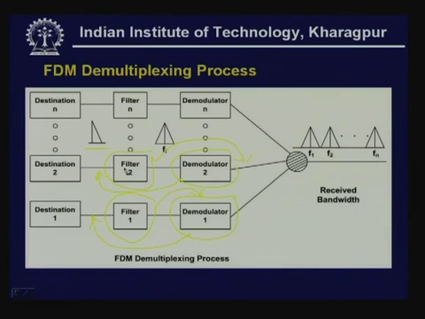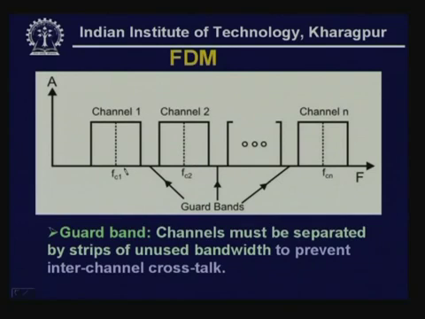Okay. So, this is how frequency division multiplexing is done, and as I mentioned, there should be some separation between different frequency bands. This corresponds to channel 1 with subcarrier FC1, and this is the band corresponding to the bandwidth of channel 2 with FC2 and so on.